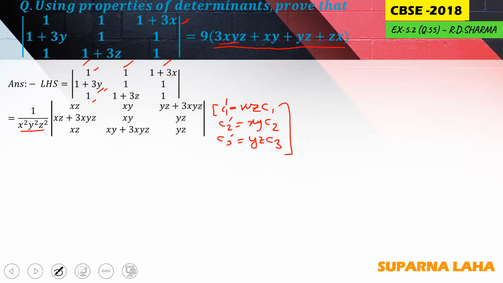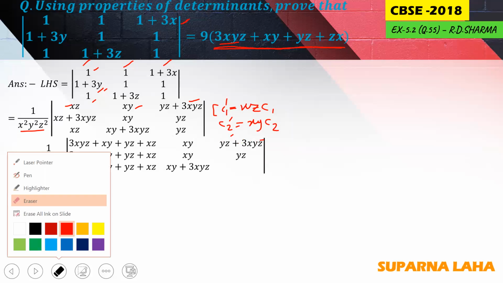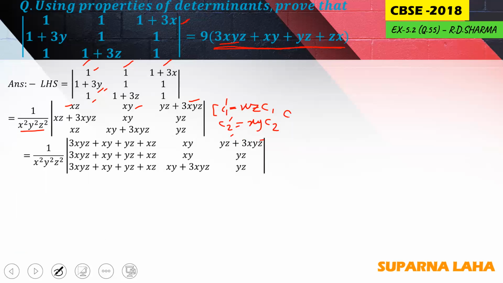Now look here. If we add these elements, you will find this factor. So the next operation is to add these columns: C3 dash is YZ C3, and C1 dash is given by C1 plus C2 plus C3.